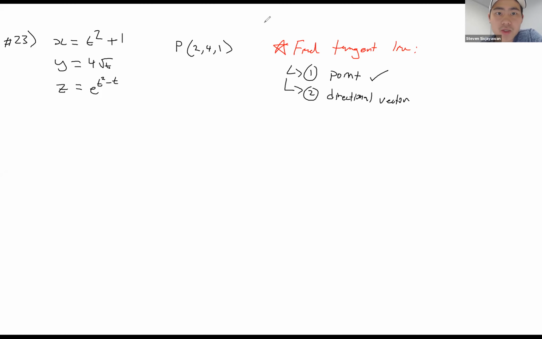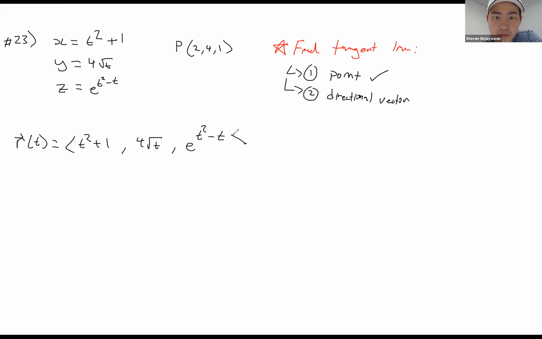And that's where we utilize this idea of deriving vector functions. I'm just going to rewrite this in vector notation. Let's say we have r of t as t squared plus 1, comma, 4 square root t, comma, e to the t squared minus t.